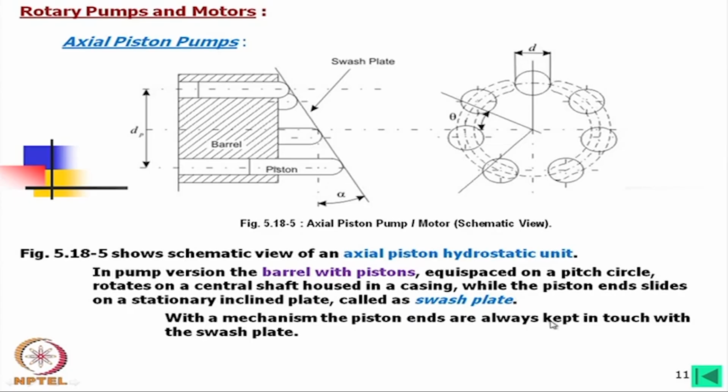There is no guarantee with this. Although when a little suction head is generated, the oil is coming in. So, whatever may be this small pressure, still the piston can move, but to guarantee that the piston ends are always in touch with this swash plate, a separate carrier is fixed with this piece.